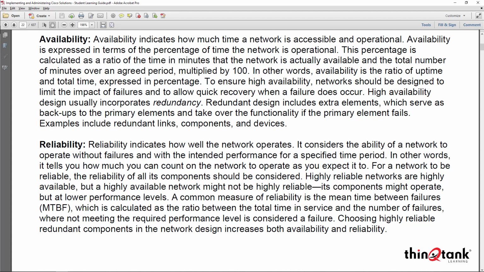So when we talk about things like availability, yes, we need to have the resources available, but they also have to be usable. Now, reliability means also, how often do those resources become unavailable? We don't get into it too much in this class.